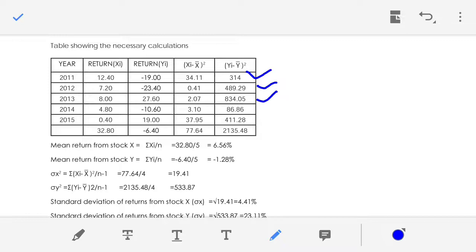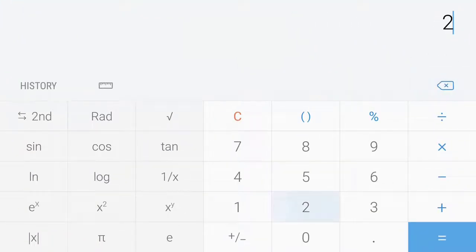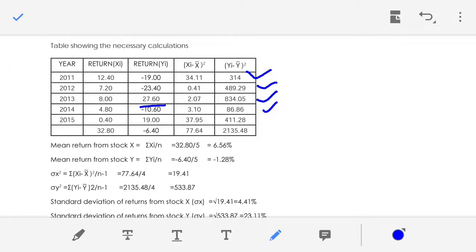Likewise we'll calculate the rest. When it comes to 27.60, let us see, 27.60 minus of minus 1.28. Here we can see plus value 27.28. 27.28 into 27.28 is 834.